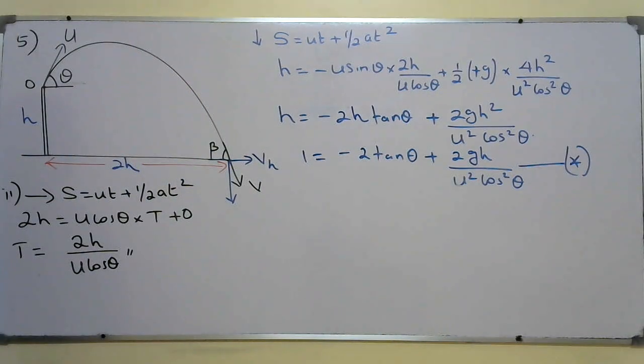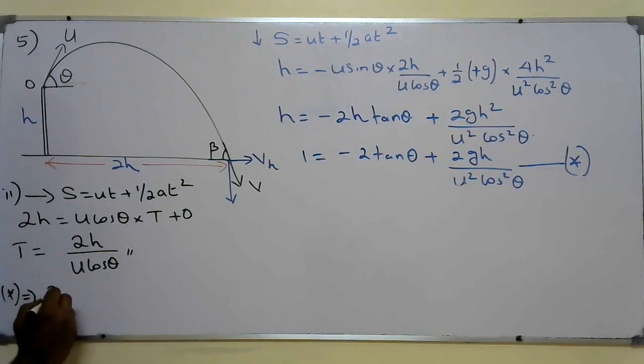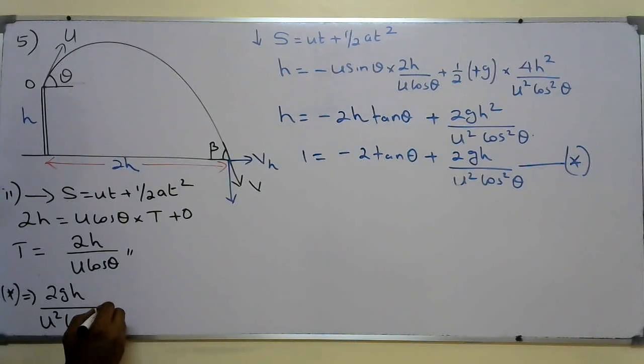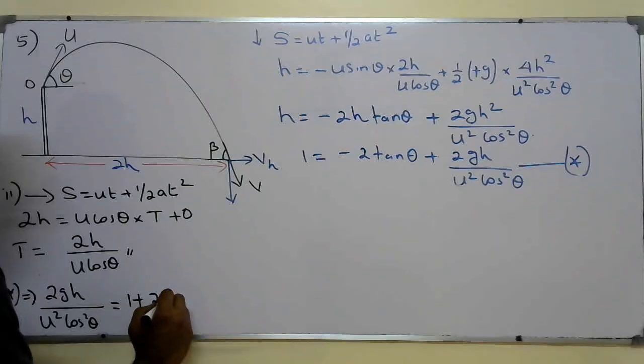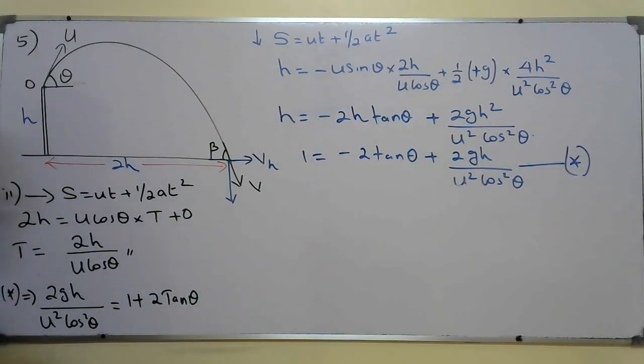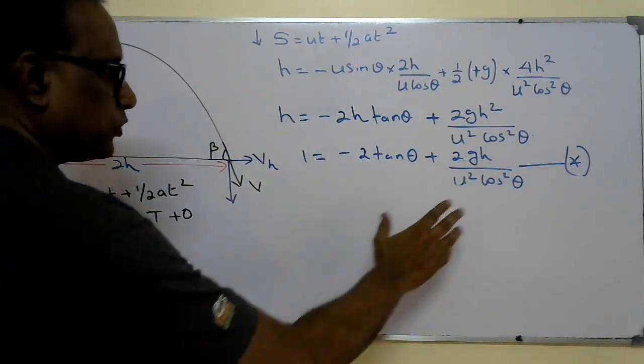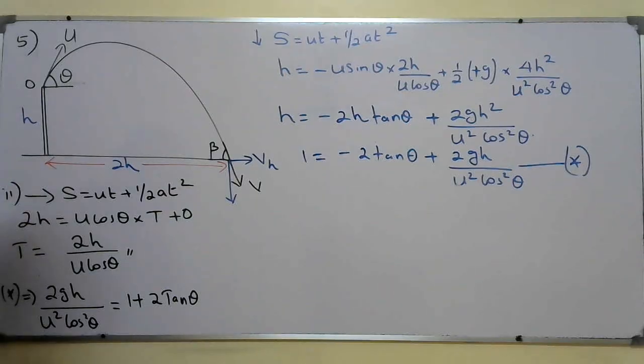So from the starred equation, 2gh over u squared cos squared theta equals 1 plus 2 tan theta. I want to get u cos theta, because if I substitute here, I might get the answer. So we'll try that. I put that here, so I can erase this part now.